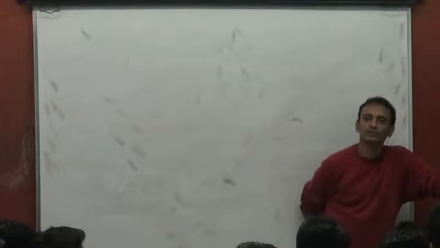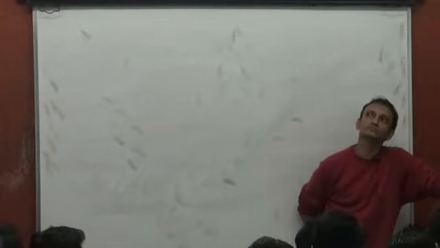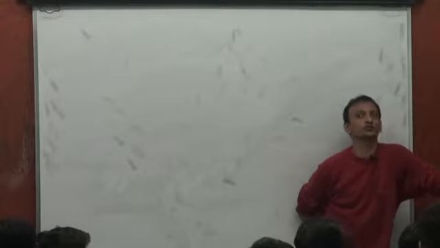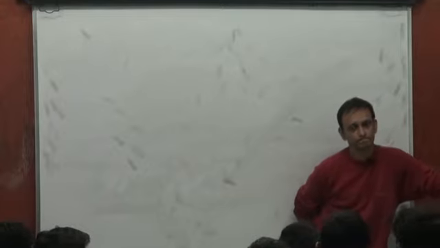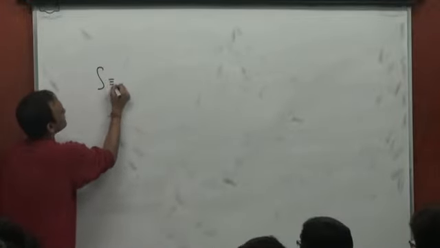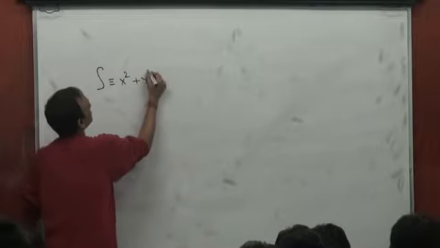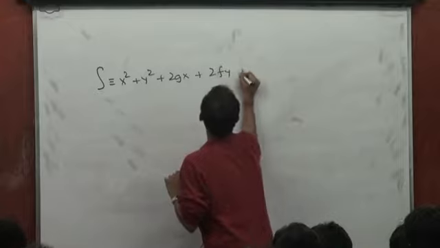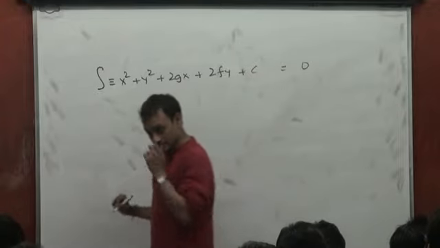Now, say I give you two circles. S, which is x square plus y square plus 2gx plus 2fy plus c equal to 0, is one circle, right?